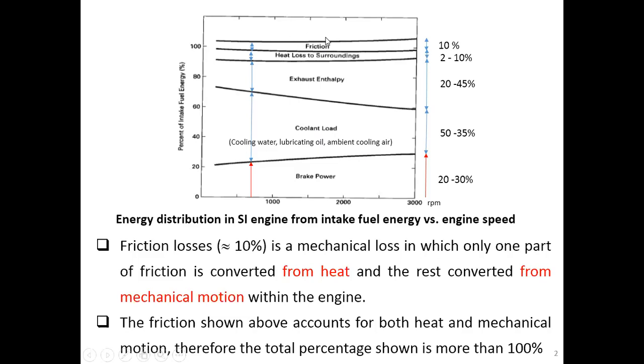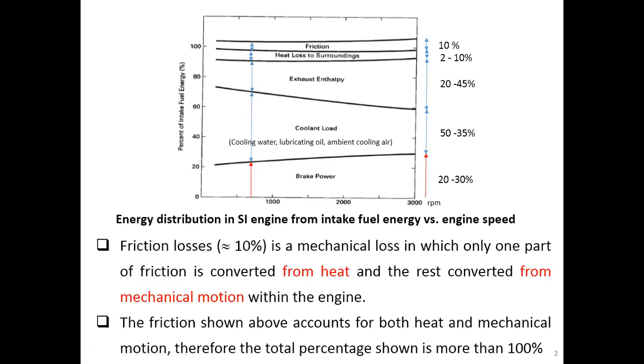Friction loss, right? So if we sum each amount here all together, you will be surprised that it shows more than 100%. Don't be surprised by this, because what happened is they repeated the count.